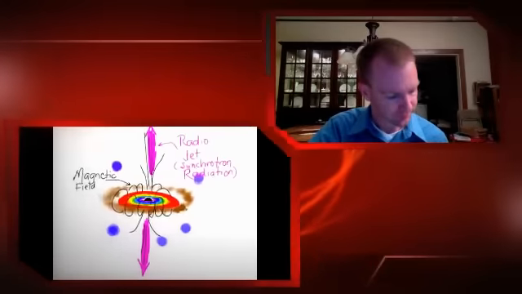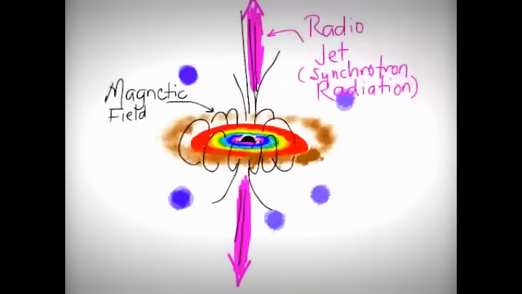Now, maybe the most mysterious part of active galaxies are the jets. Jets are, well, they're jets of plasma shooting out from the north and south poles surrounding the black hole. And we still have a lot to learn about these. They are collimated, meaning they are beamed in narrow lines.